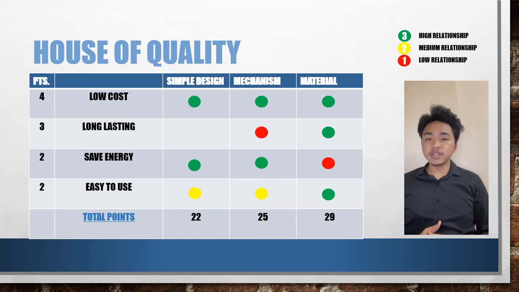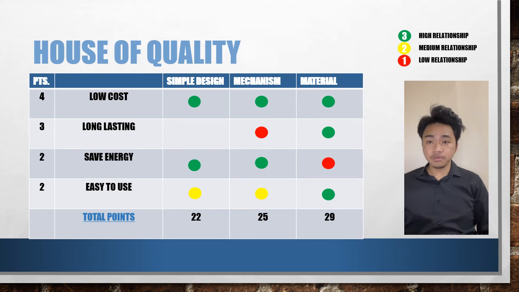The green circle labels a high relationship, the yellow circle labels a medium relationship, and the last is the red circle, which is the low relationship. For simple design, we got low cost and save energy as high relationship, and easy to use as medium relationship.